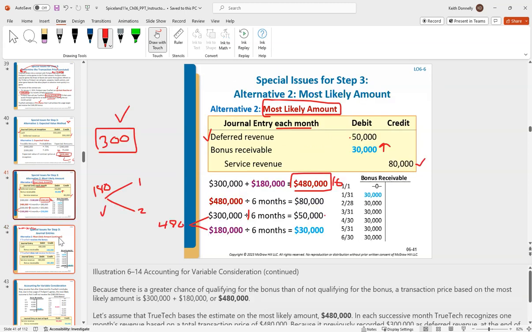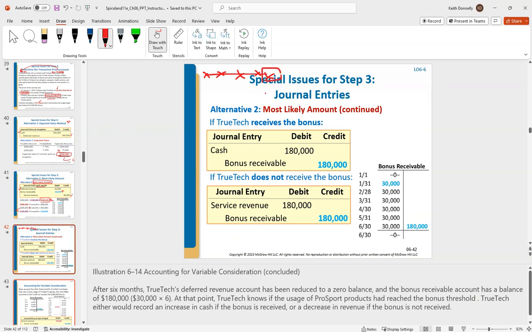If at the end of that we get the bonus, debit cash, get rid of the receivable that we've been teeing up for the last 6 months. If we don't receive the bonus, frowny face, then we have to get rid of the bonus that we've been teeing up, but we also have to flip out the revenue that we've been teeing up for the last 6 months.